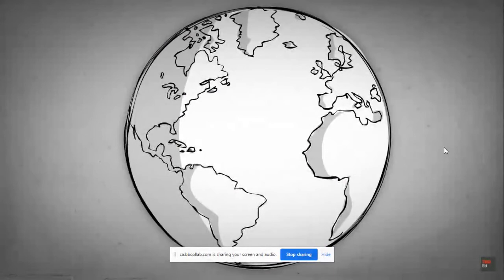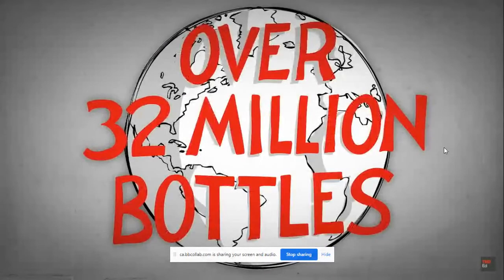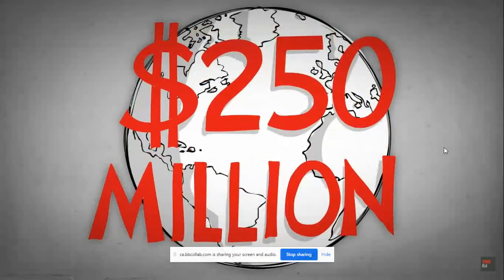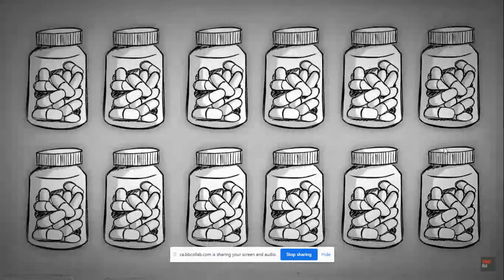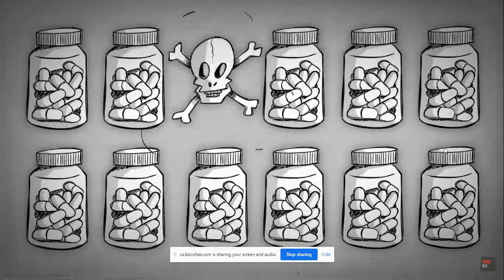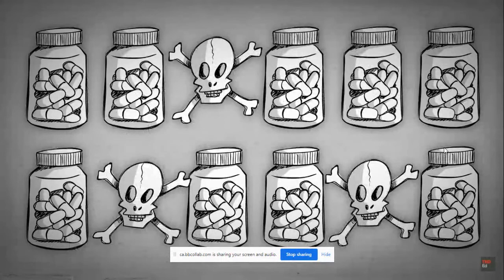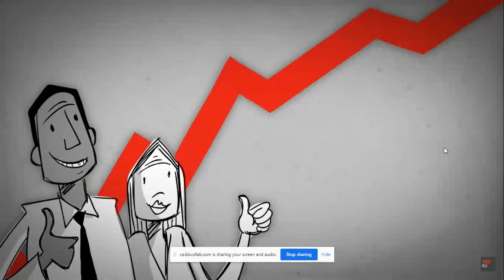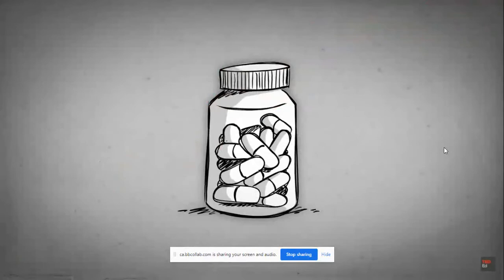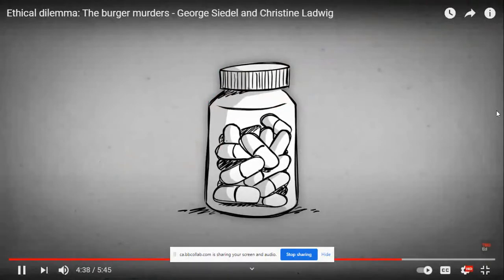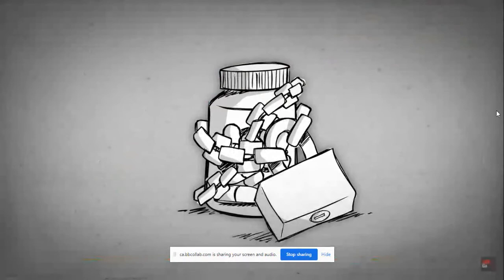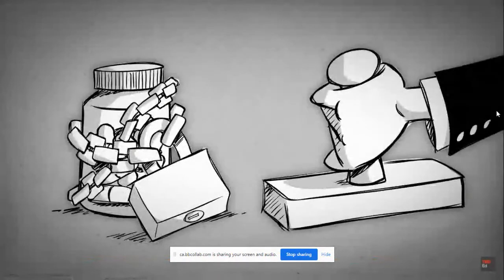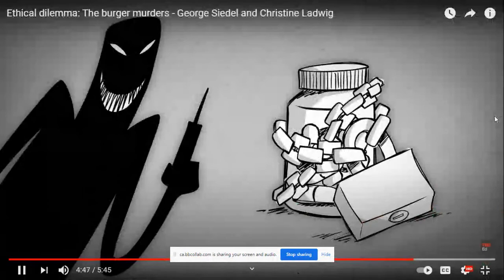Johnson & Johnson recalled and destroyed an estimated 32 million bottles of Tylenol, valued at $250 million in today's dollars. 1.5 million of the recalled bottles were tested, and 3 of them, all from the Chicago area, were found to contain cyanide. Burke's decision helped the company regain the trust of its customers, and product sales rebounded within a year. Prompted by the Tylenol murders, Johnson & Johnson became a leader in developing tamper-resistant packaging, and the government instituted stricter regulations. The killer, meanwhile, was never caught.